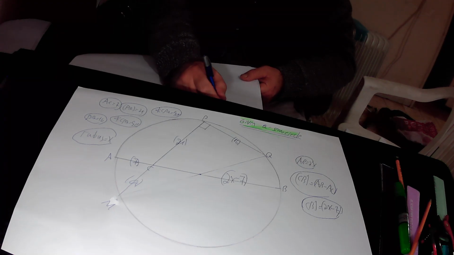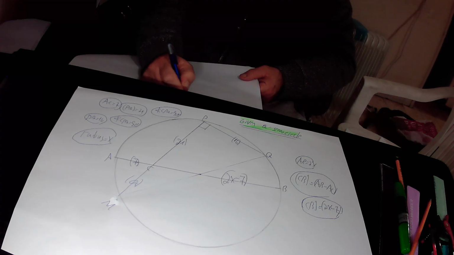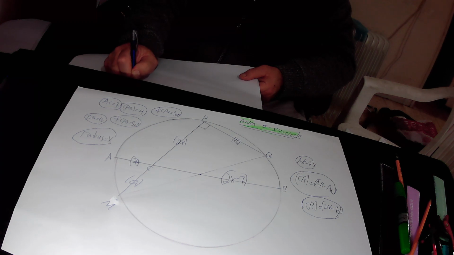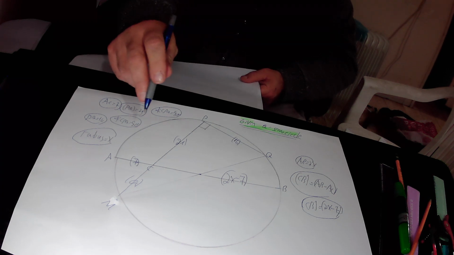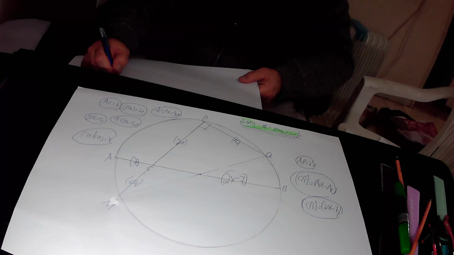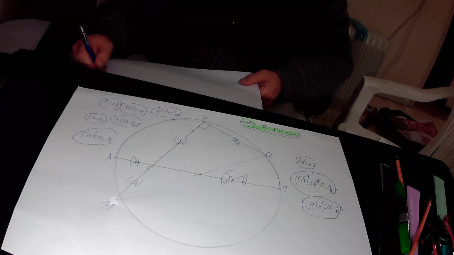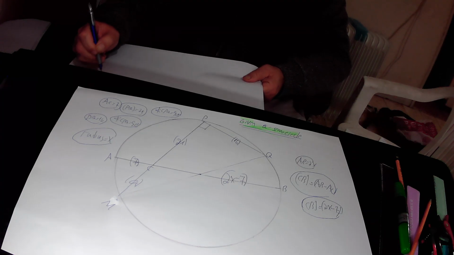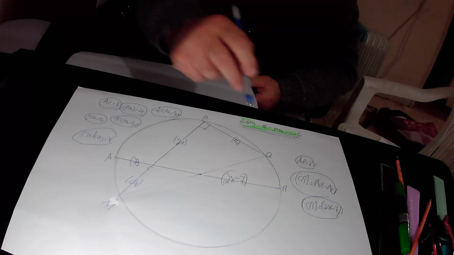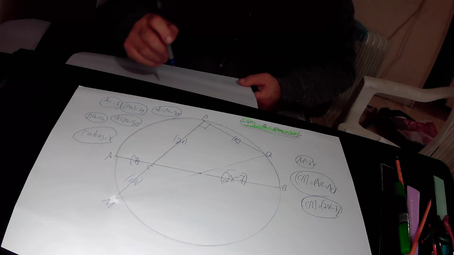Chord AB intersects with chord PM at point C. The intersection point of chord AB with chord PM occurs at point C.